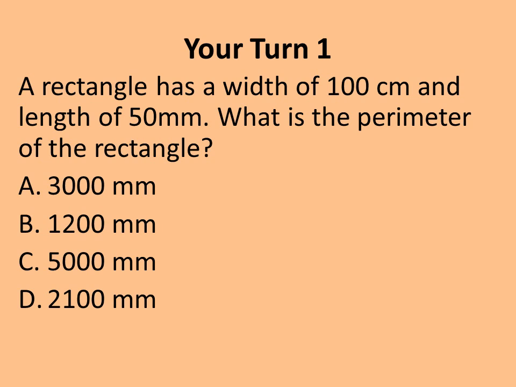Again, remember that you want to change your units into the units used in the answer. You probably want to pause the video and do this work. Make sure you answer all the questions 1, 2, 3, and 4. Okay? Get to work.